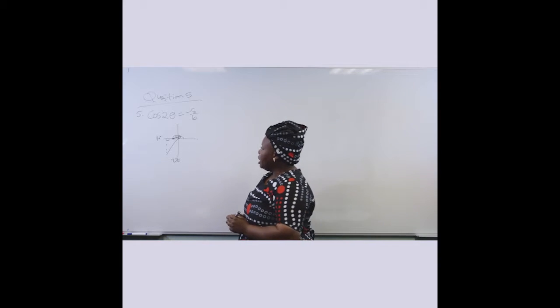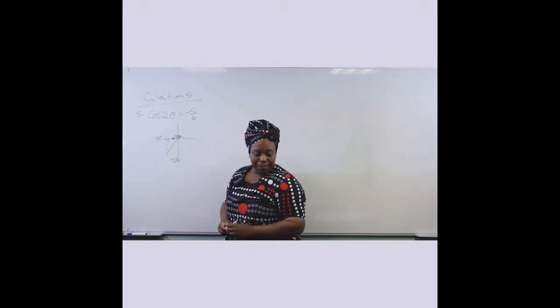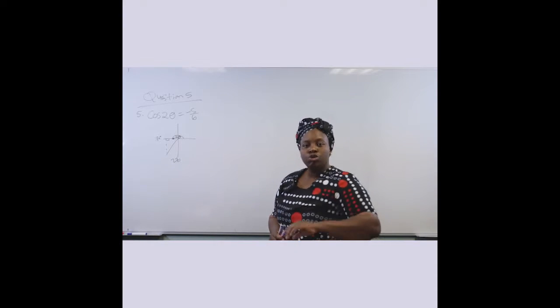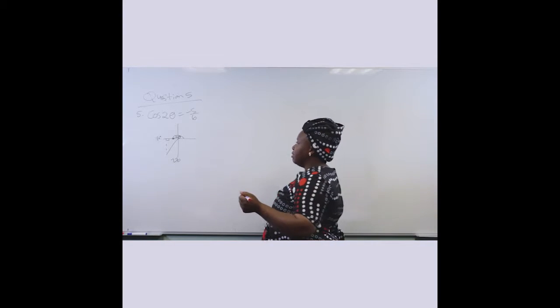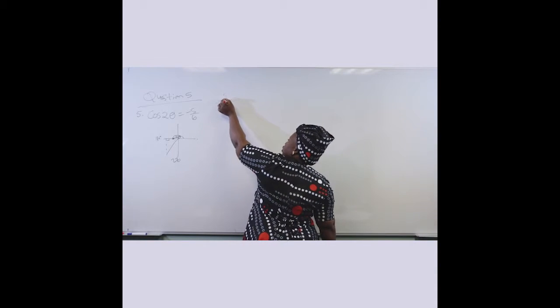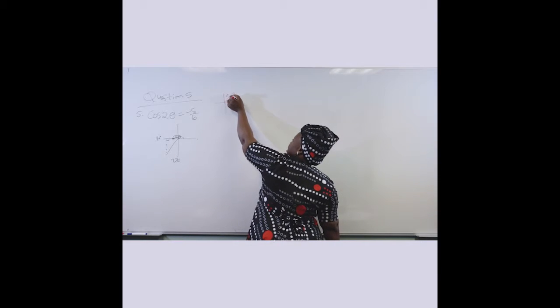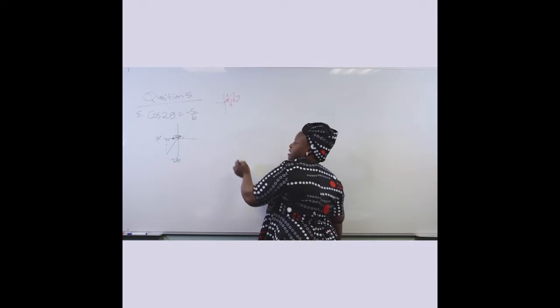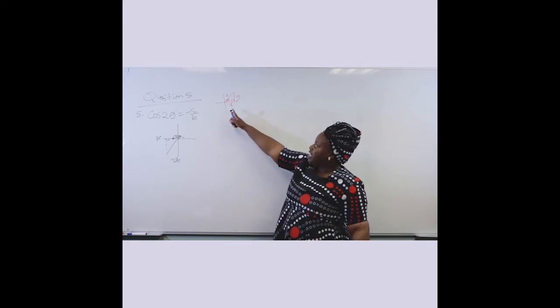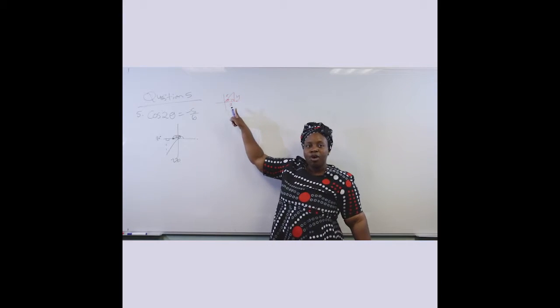We're given that it's equal to negative 5 divided by 6. Now, go back to our basics. Remember that if you had a Cartesian plane with a right-angled triangle with r, x, and y, where this is theta, your cos of theta will be adjacent over hypotenuse, meaning it's x over r.